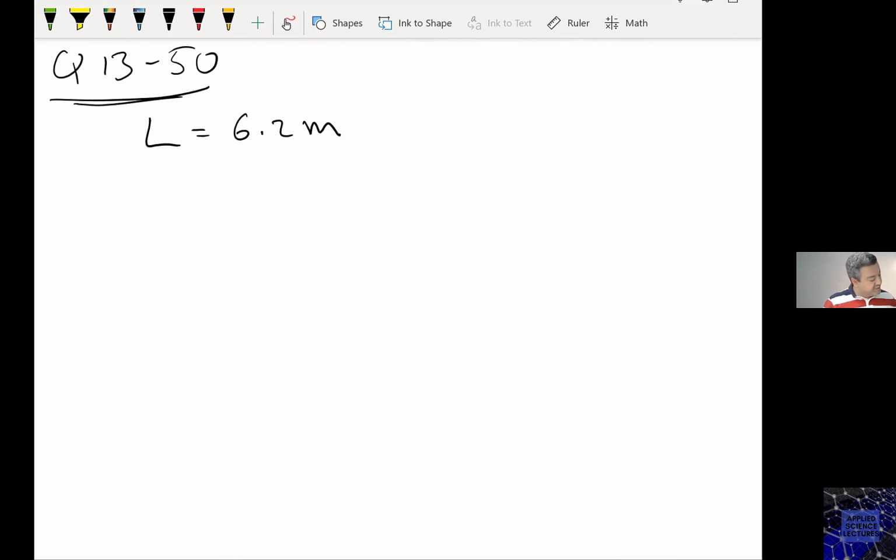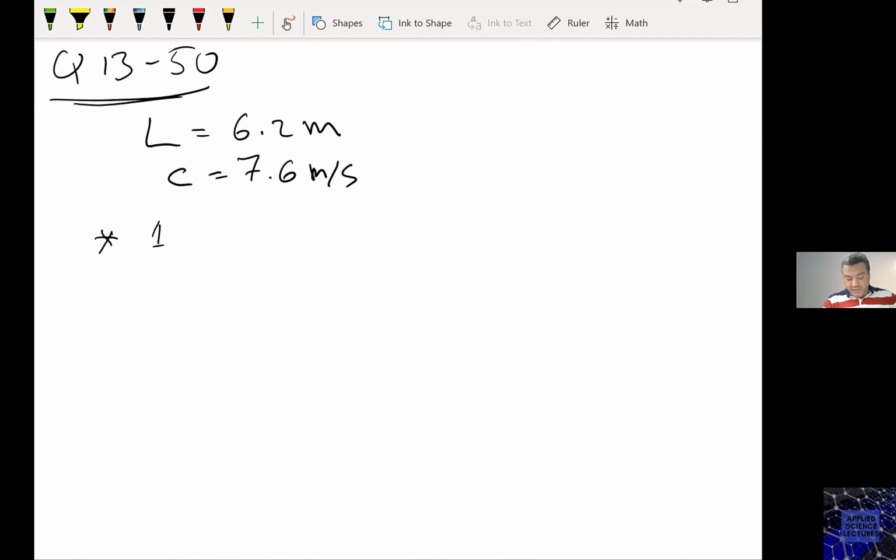I have the speed as 7.6 meter per second. Determine the frequency of oscillation required to produce standing wave pattern having A, 1 antinode, B, 2 antinodes, and C, 3 antinodes.